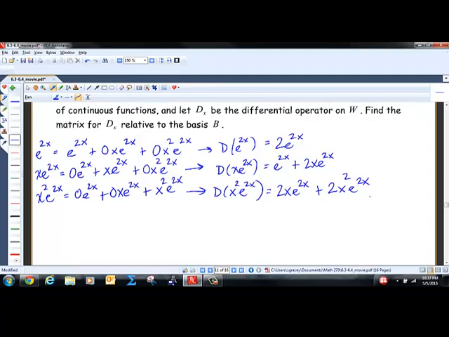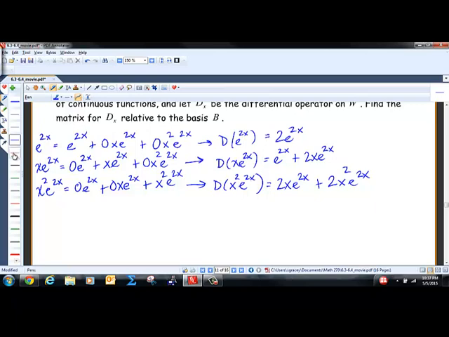So now what we look at is what we have in each area. So we look at the ones where we have an e to the 2x, right? And the one down here has 0 of them. Then we look where we have a 2x e to the 2x, and then we're going to look where we have the 2x squared e to the 2x.